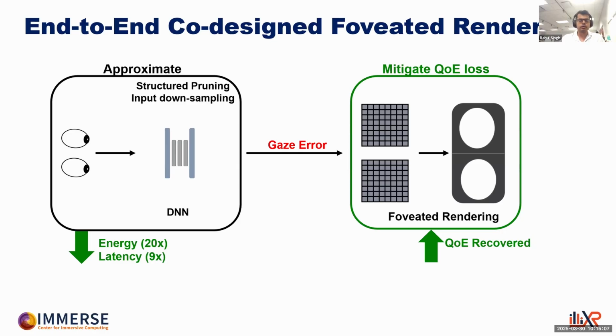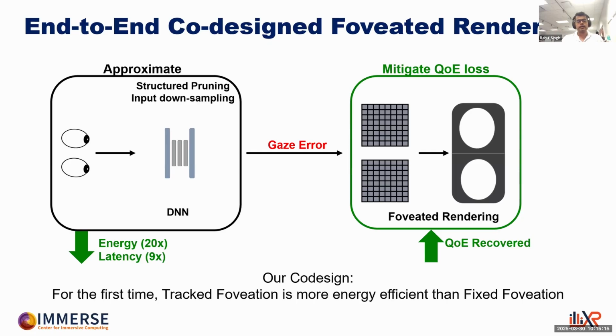This has little effect on total energy, but it significantly improves the user experience. And for the first time through our co-design, we have tracked foveated rendering, including the gaze tracker, and that is more energy efficient than fixed foveated rendering and has better quality as well.